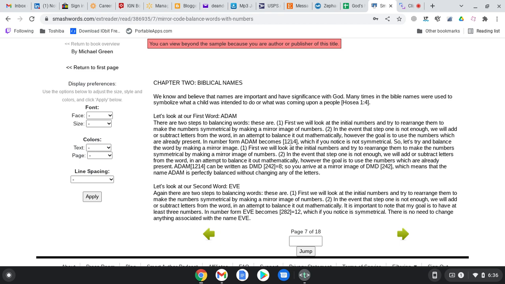When you switch the numbers around, you can see that it's 242, which is equal to 8. That's the mirrored part of it. 1214 can be written as 242, and now it's perfectly balanced and it's a mirror.